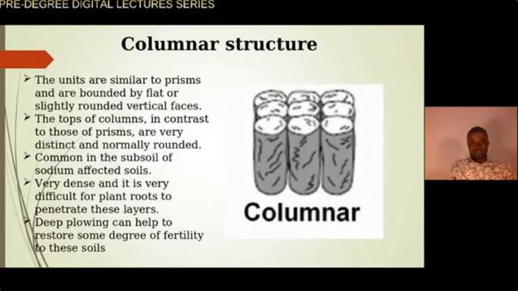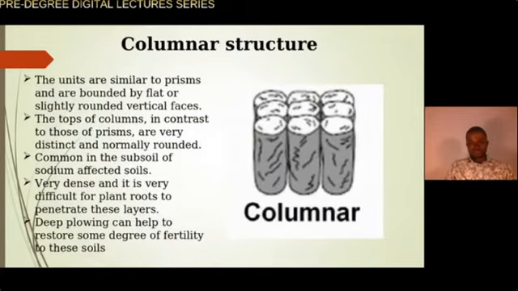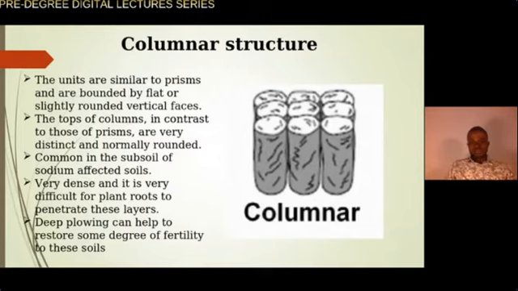Structurally, this columnar and the previous prismatic structure are alike as they are elongated, but while in the prismatic the faces are flat and vertical, in the columnar they are rounded or slightly rounded, and the tops of the columnar, in contrast to those of prisms, are very distinct and normally rounded. They are common in the subsoil of sodium affected soil.